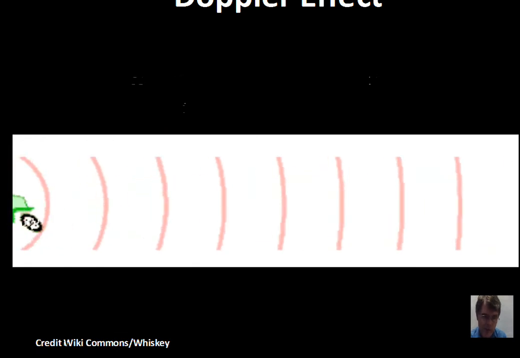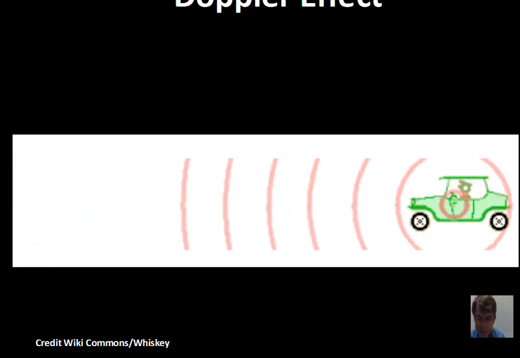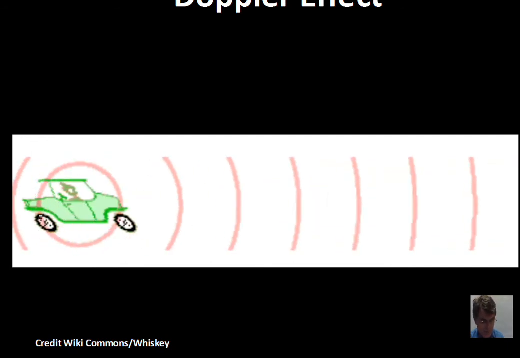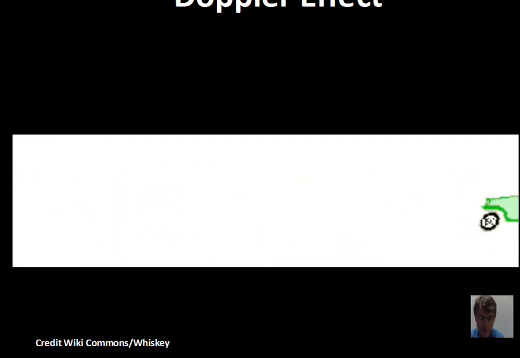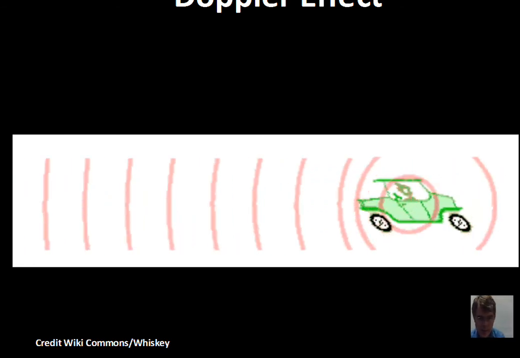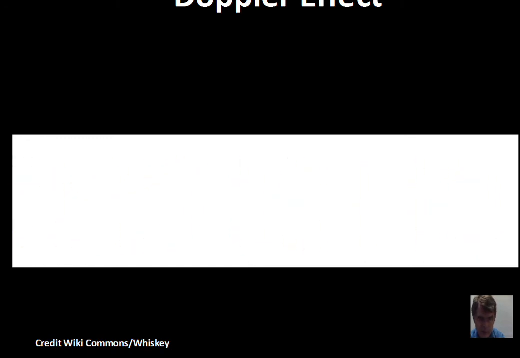So, the Doppler effect. How can we use light waves, wavelength and frequency, to determine the speed of an object? So we have a car here, and it has a car horn. That horn is sounding. The car travels off to the left.